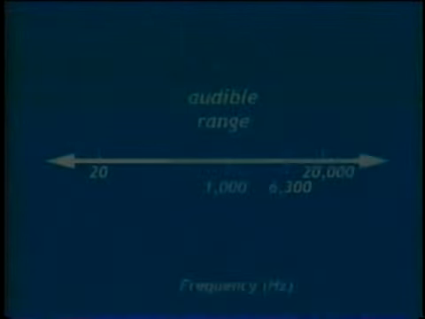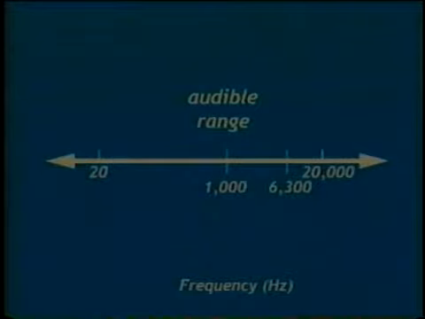We can also look at human perception of sound according to frequency. Remember from before that the audible sound range for humans is from 20 to 20,000 hertz. This is shown plotted on a logarithmic scale. Even though perfect human hearing lies in this range, we do not hear equally well at all frequencies.